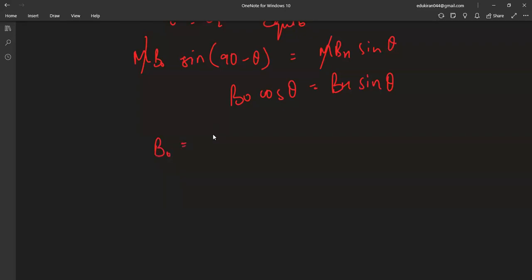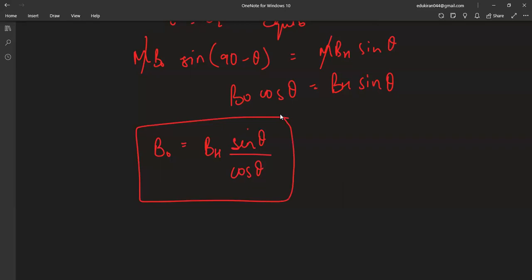B naught is equal to BH sine theta by cos theta. All right. So, which you can further even write as BH tan theta. So, it's very similar to BV and BH, what we had obtained initially.